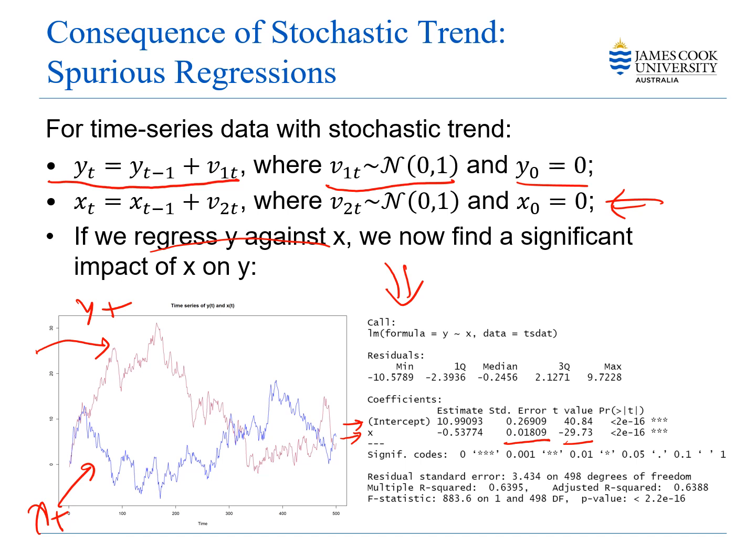And also, if we check the R squared, adjusted R squared, they are very high, 0.63, and the F statistic is very high with a p-value less than 5%. So everything points towards our regression saying that X affects Y significantly, but we generated the data, we know there shouldn't be any impact of X on Y. So this is troublesome.